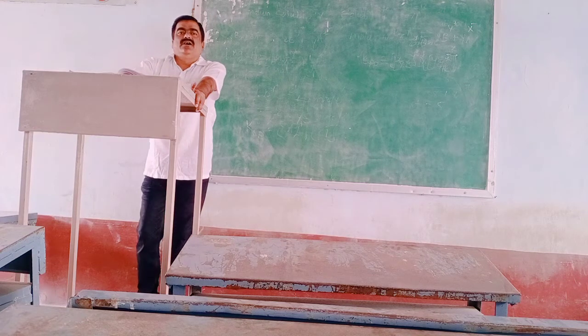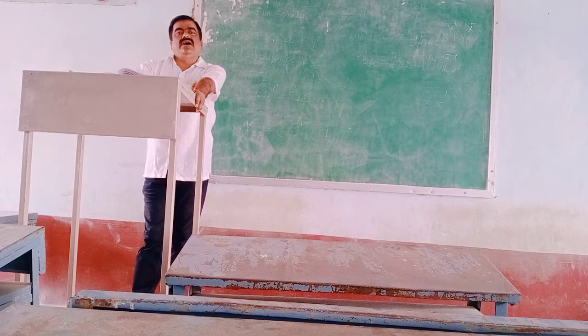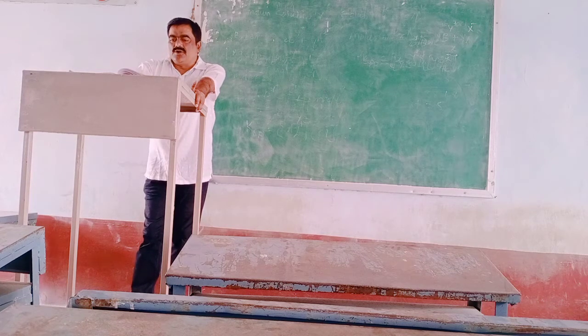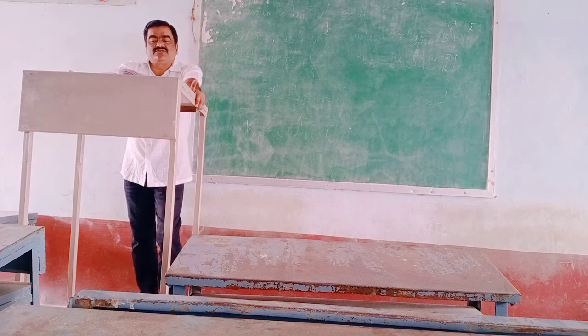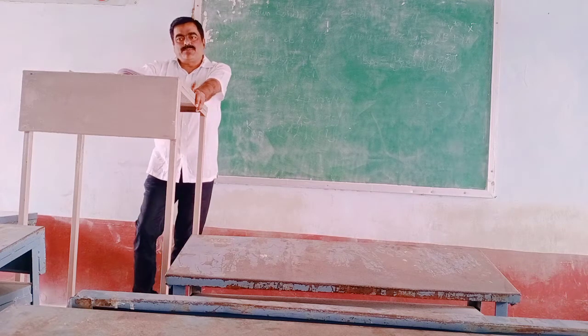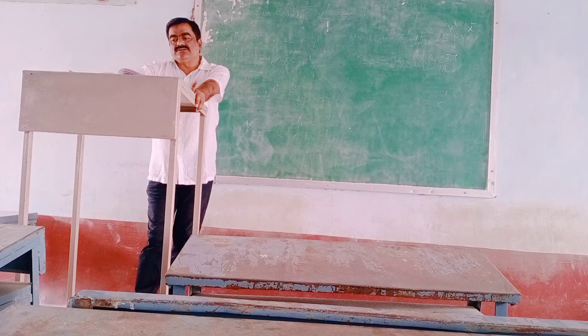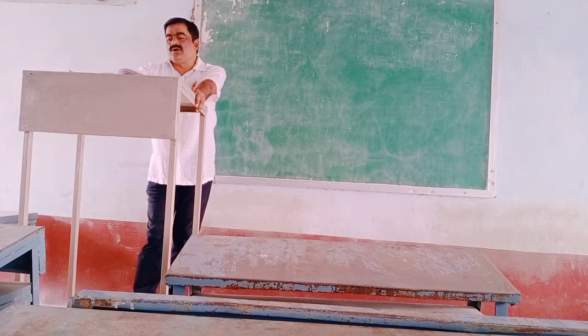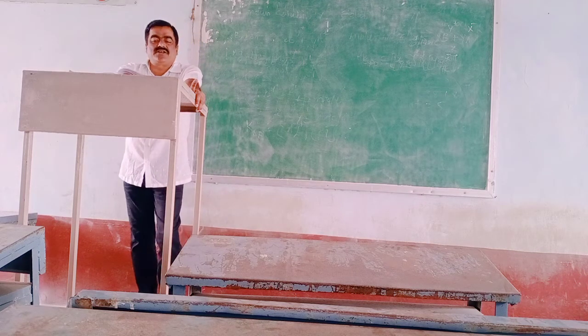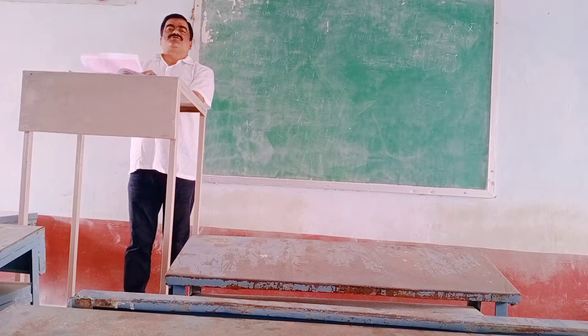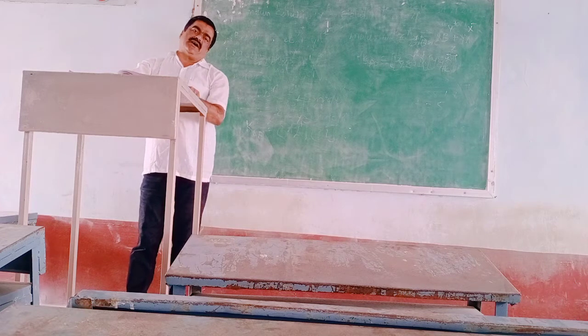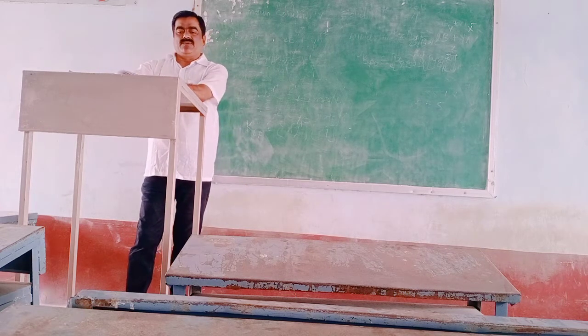If the ionic product is greater than the solubility product, the solution is supersaturated and hence precipitation of the compound will occur. If the ionic product is smaller than the solubility product, the solution is unsaturated and precipitation will not occur. These are the conditions of precipitation in case of the ionic product and the solubility product.